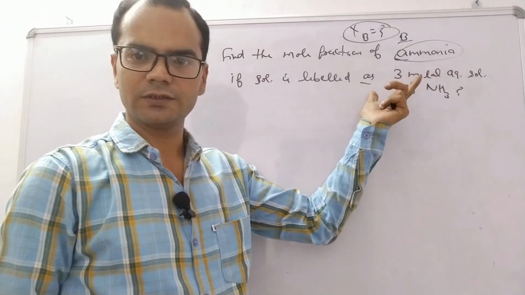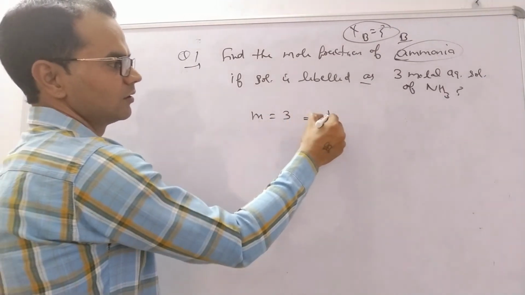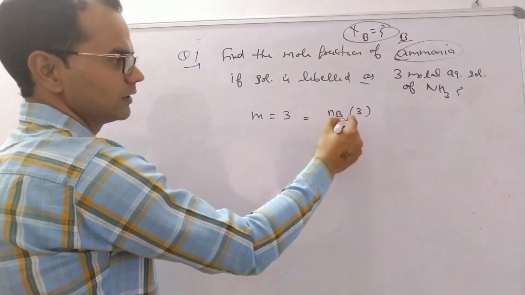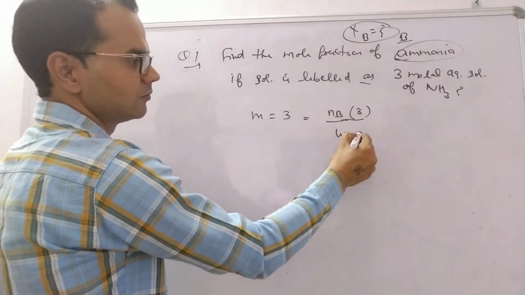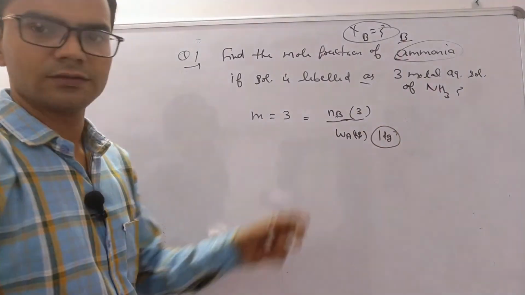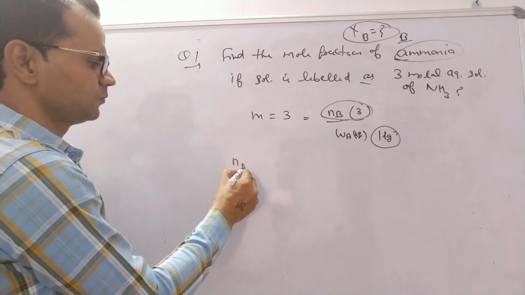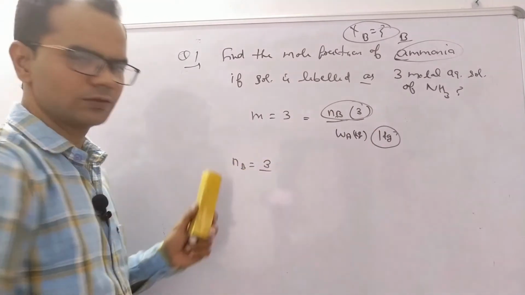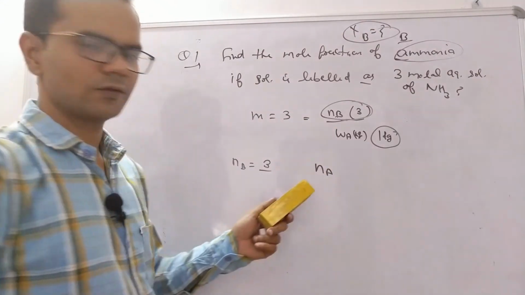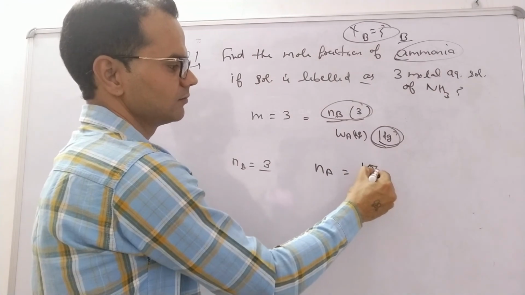3 molar aqueous solution means molality is 3, when 3 moles of ammonia are dissolved in 1 kg of water. So indirectly again we got the number of moles of solute, and we have to find out the number of moles of solvent, and we have weight 1 kg, means 1000 gram.